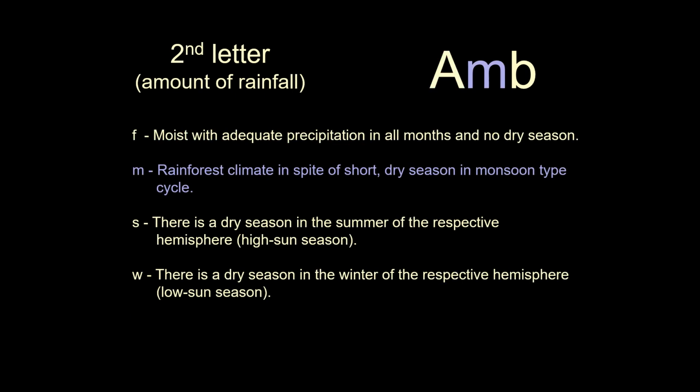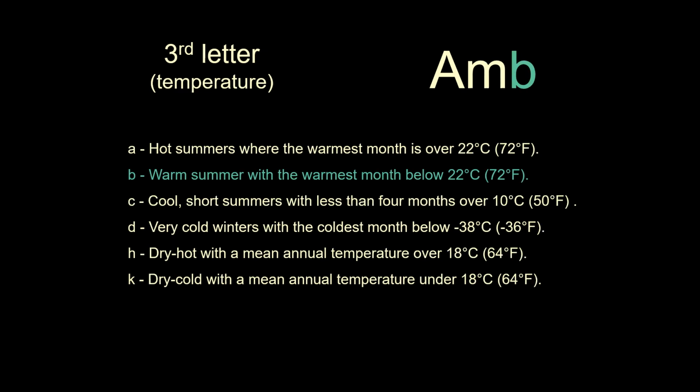The second letter tells you the rainfall: F, M, S, or W. The third letter tells you the temperature. So in the climate classification you have either a 2-letter code or a 3-letter code.